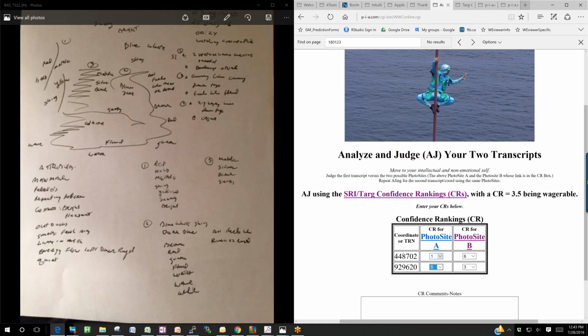Notice if it had been high score here and high score here and low, you'd feel very comfortable saying whatever was associated with this, over or under, is the winning side. But in this case, you feel very comfortable, if this is what it looks like, going with whatever's associated with 929 as being the winning side.